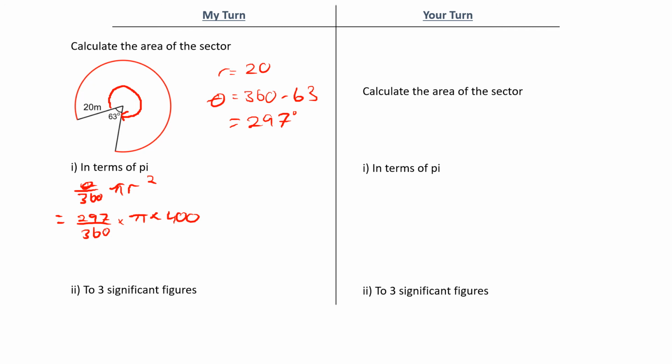So you've got 297 over 360 times 400 times pi, which will give you 330 pi, and the units this time meters squared. Part 2, press your SD button, and to three significant figures this time we would get 1040 meters squared.